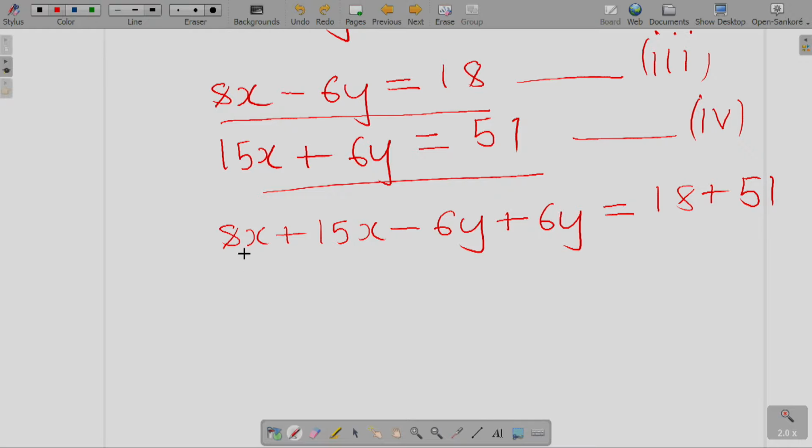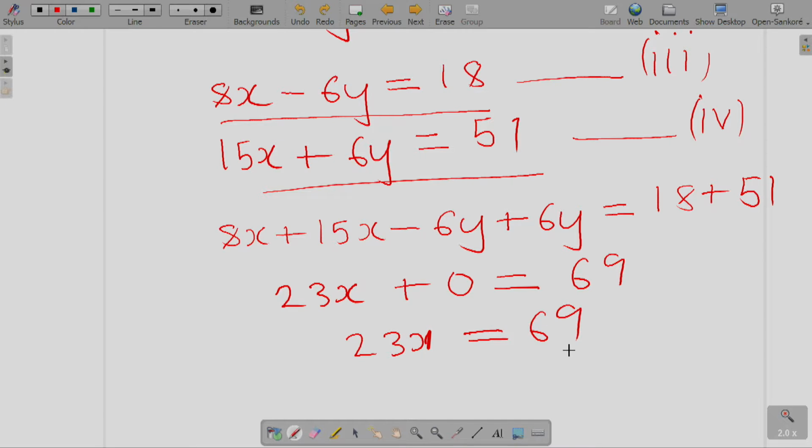If you add 8x and 15x, we'll get 23x. Minus 6y plus 6y, we'll get 0. Equal to 18 plus 51, so we'll get 69. So we'll have 23x equal to 69. Now let's divide both sides by 23.